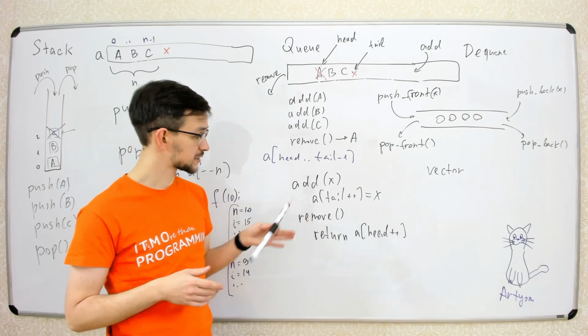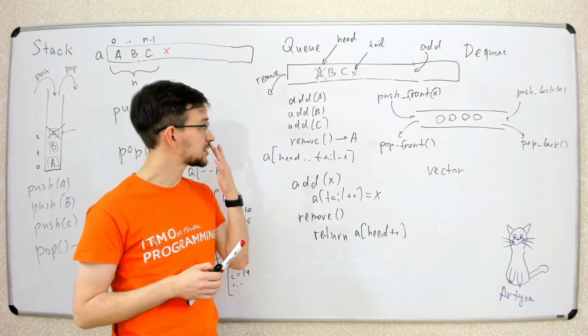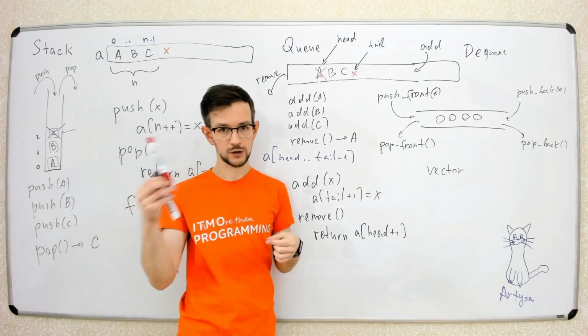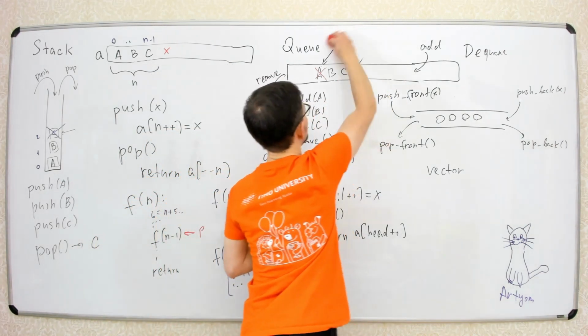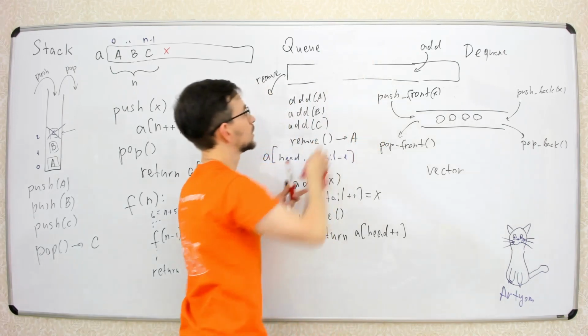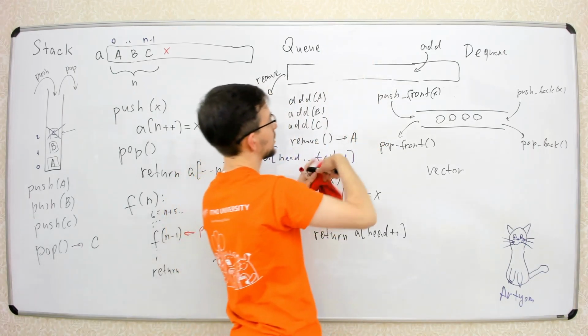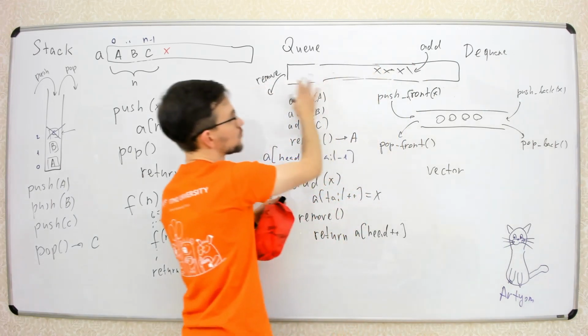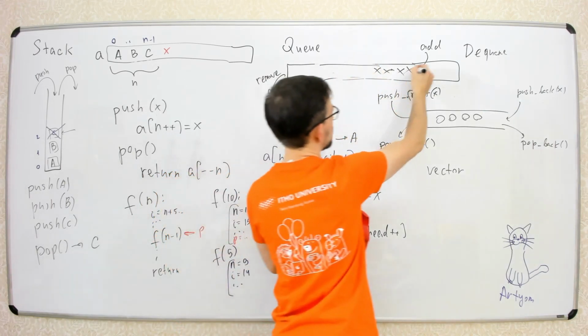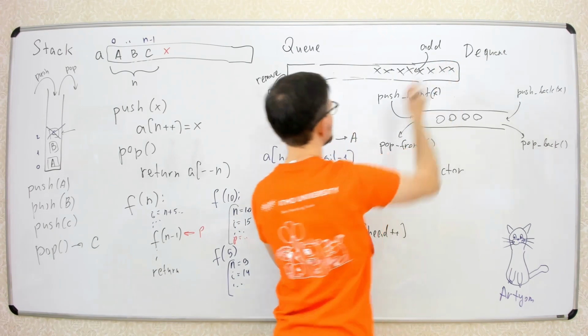So how to fix this? It's actually pretty simple. You can make the array cyclic. Let's say you add some elements here, then you remove elements to the left, then add more elements here, and here, and here.